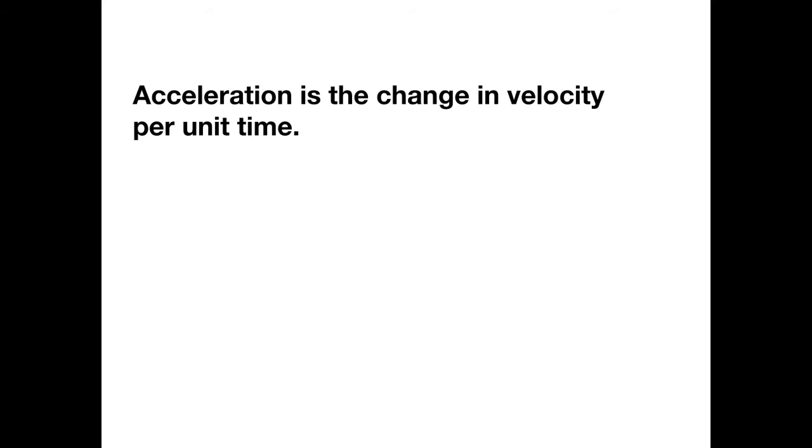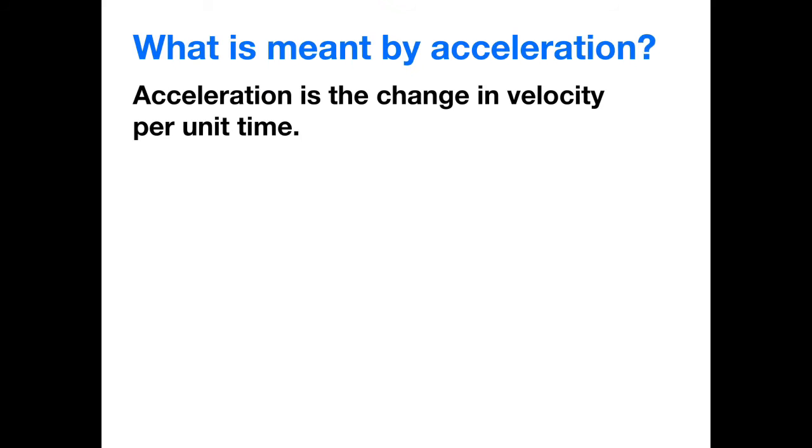The answer to the first question is that acceleration is the change in velocity per unit time. This is how we define acceleration. The formula for acceleration is A equals Vf minus Vi by delta t, or it can also be written as A equals V minus U by delta t.